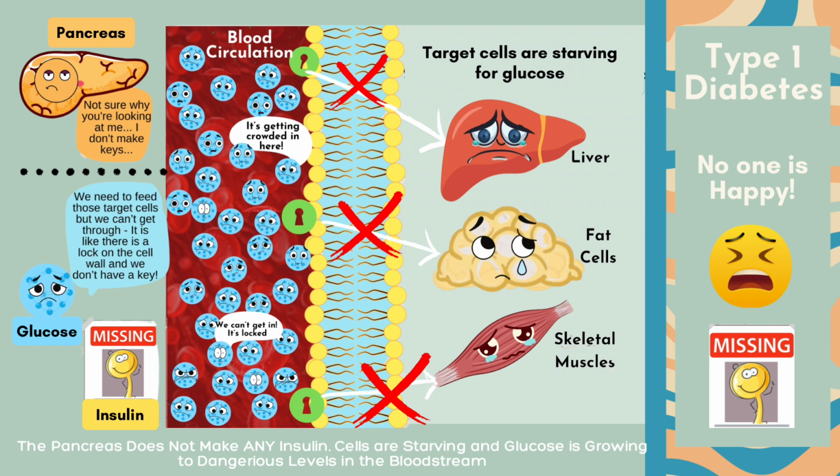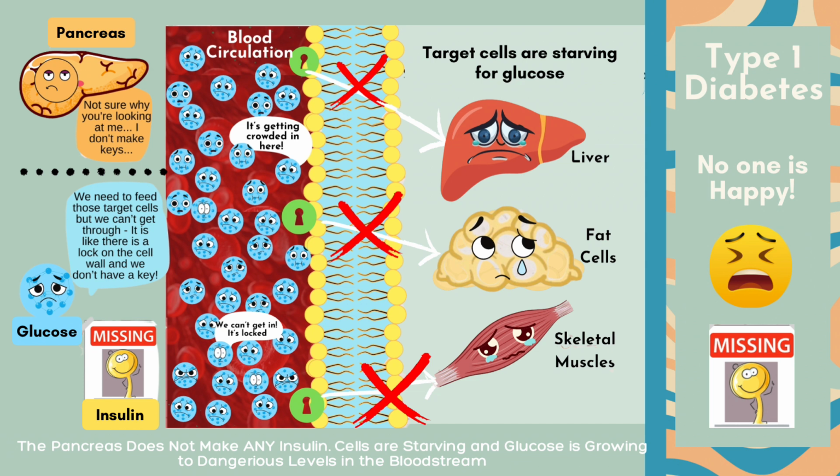And in this scenario, these people that are suffering from type 1 diabetes, it is absolutely 100% necessary that they have insulin. It's called insulin dependent because they can't make insulin and their glucose will not go through the cells without it.